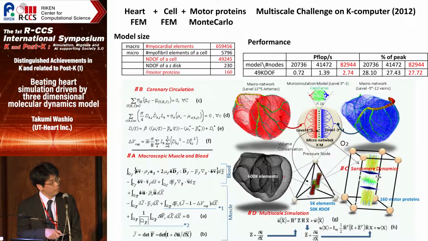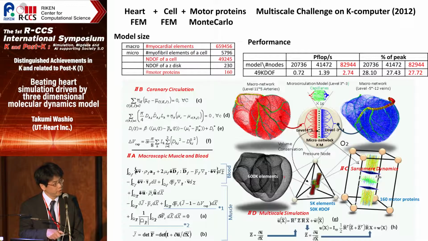At the micro level, the sarcomere dynamics involving nearly 160 motor proteins is simulated by Monte Carlo simulations. The Monte Carlo simulation is applied to simulate the stochastic behavior of molecular motors.